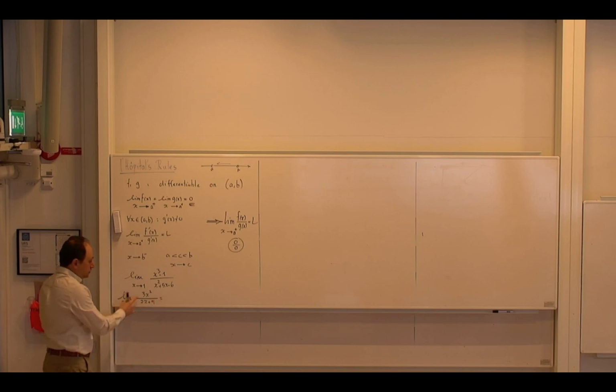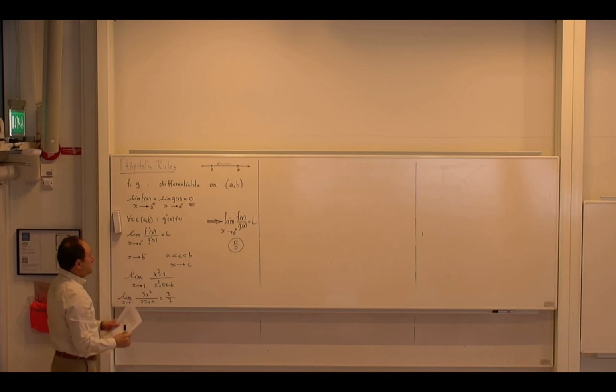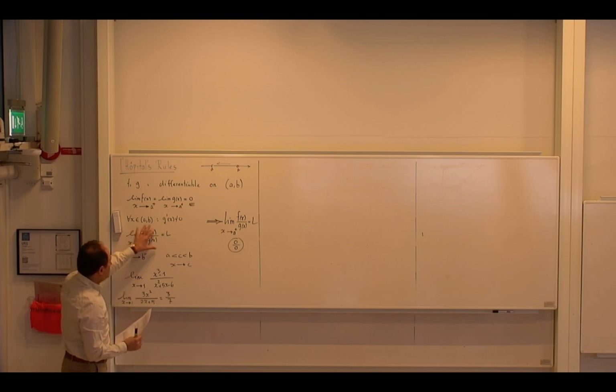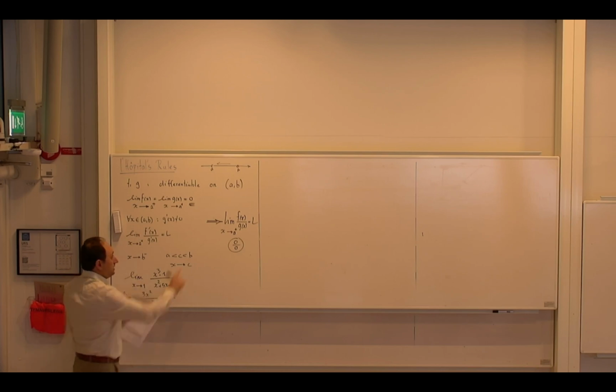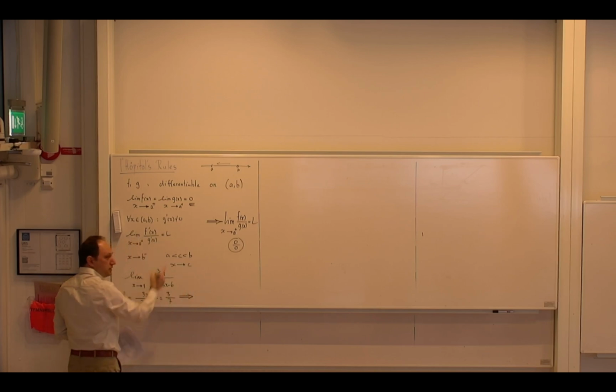If I put 1 there, it becomes 3. If I put 1 there, it becomes 7. Now you see, this new limit exists and is equal to 3 over 7. Then I can conclude my original limit is also the same number.